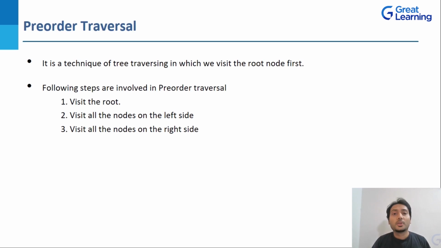So let's get started. Here we have to follow some steps or rules to traverse a tree in a pre-order traversal method. What are these rules? First, in pre-order traversal, we have to traverse the root node first, and then move to the left side of the tree and traverse the left subtree of the node, and then move to the right side of the root node and traverse all the nodes present in the right side of the tree.